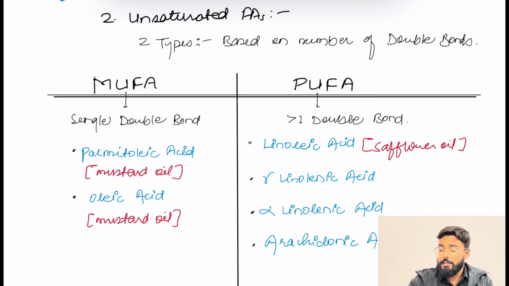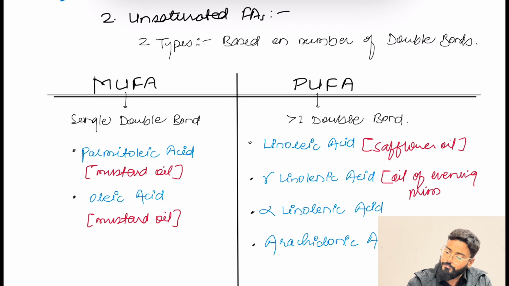Then another one is gamma-linolenic acid, and the source is oil of evening primrose. Then alpha-linolenic acid, and the source is flaxseed oil.